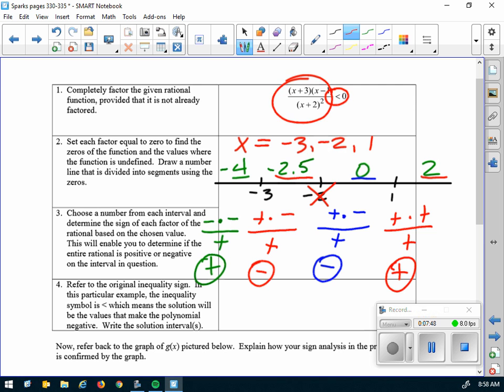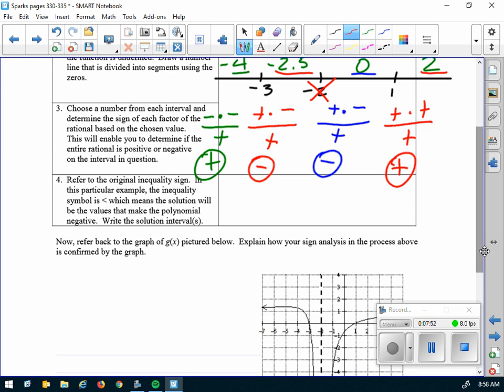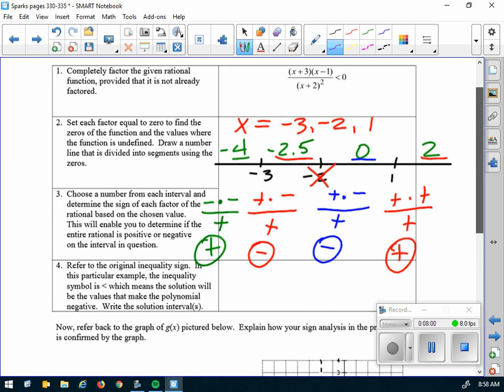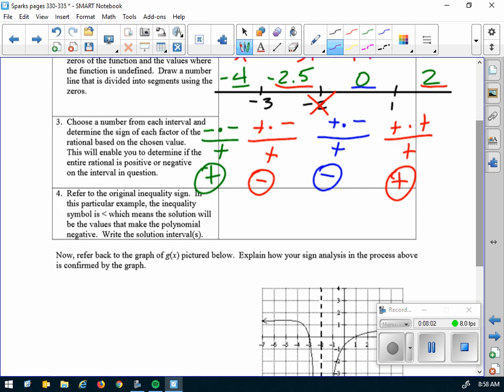Is it? No, just a less than on this one. So where is your answer? Well, your answer is everywhere that I have a what circle? A negative. So your answer is everything between -3 and -2 and between -2 and 1.